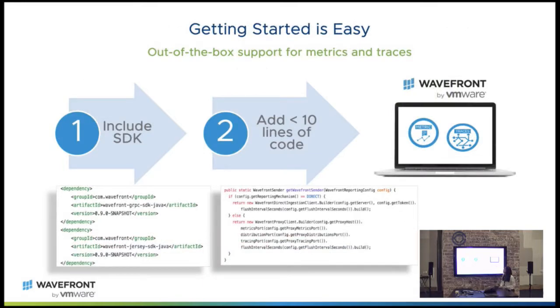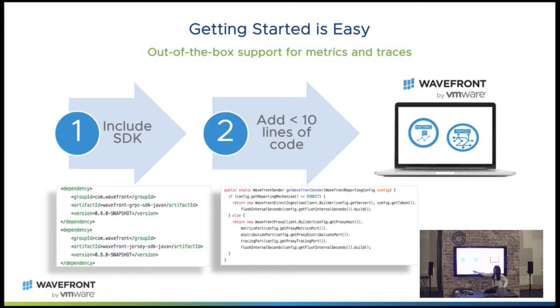How to get started? As I was saying earlier, it's very simple. You include the SDK. If you're familiar with Java, there's a snippet of Java code, and all it's doing is including our Wavefront Java SDK. We have Python and .NET supported as well, for unified metrics and distributed tracing.